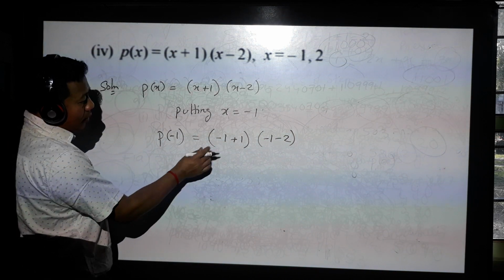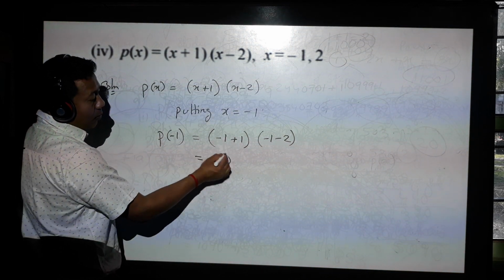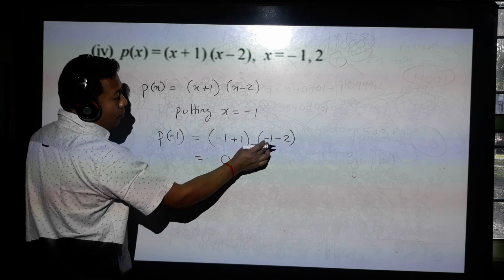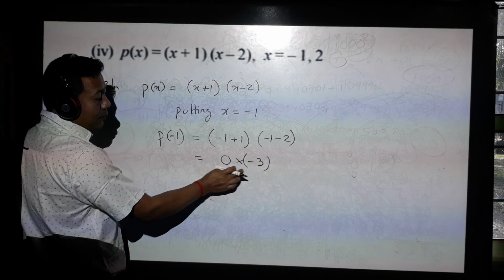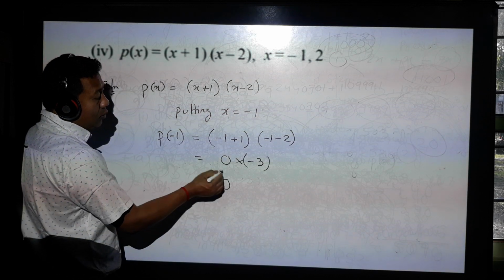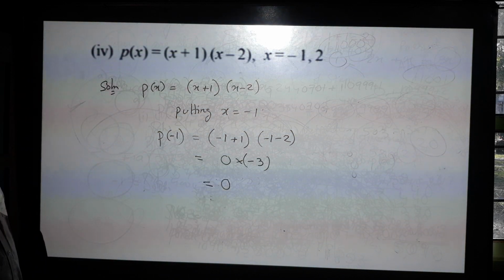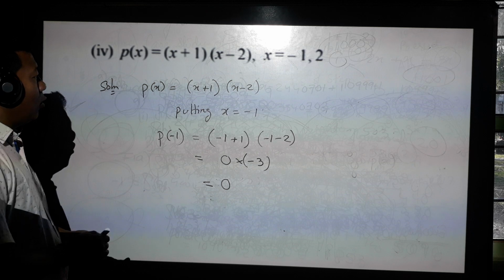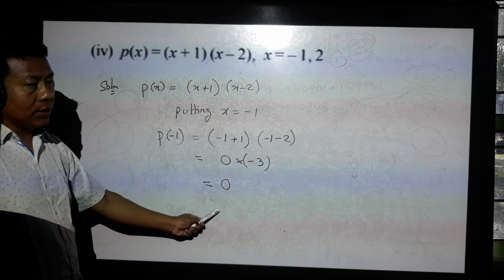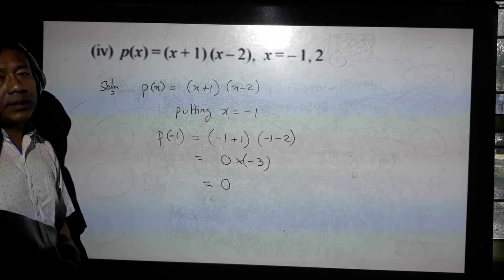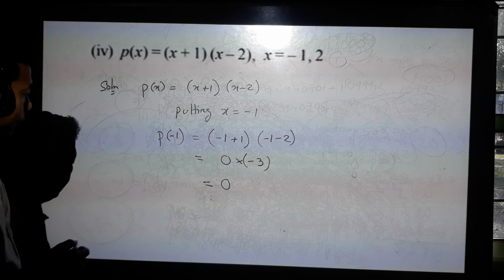Then what do you get here? Minus 1 plus 1, you get 0. Into minus 1 minus 2, you get minus 3 inside. So anything multiplied with 0, what are you going to get? 0. So when you replace the value of x equal to minus 1, the whole polynomial becomes 0. Therefore, minus 1 is a zero of the given polynomial.